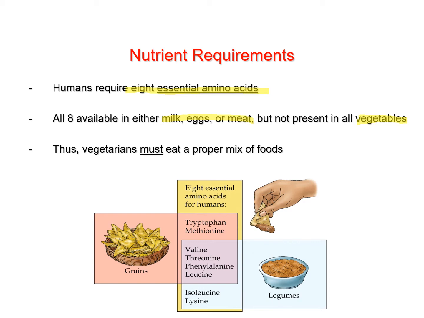So vegetarians and vegans have to be very careful that they eat a proper mix of legumes and other vegetable material in their diets to make sure that they get all of the 8. Certain foods can be the source of some of the 8, but no one source provides all 8. So proper diversity of a vegetarian diet is important.